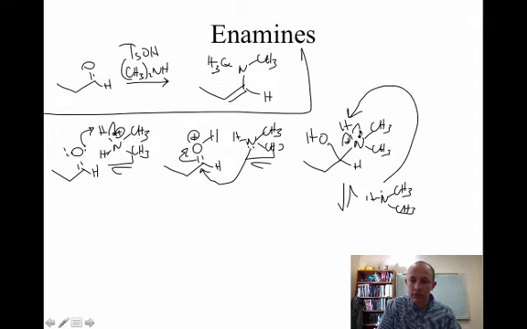We need to transfer a proton to this OH, which is going to come again from our protonated amine. So we transfer a proton again from the nitrogen to the oxygen, make that into a good leaving group. And then that leaves.